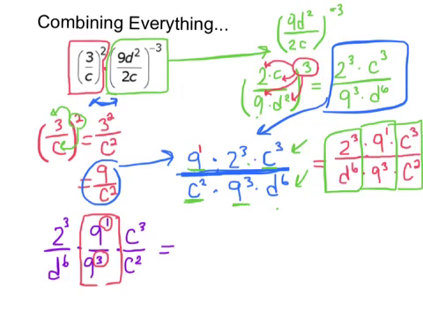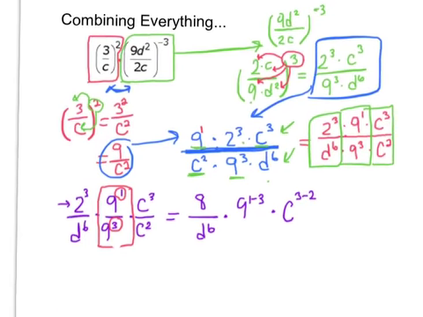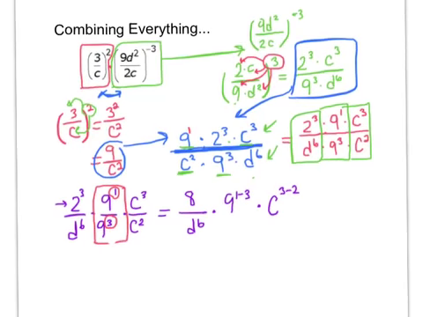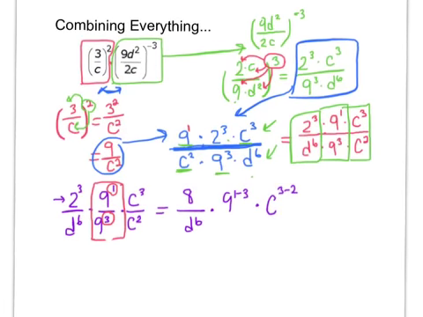So I'm going to take this and I'm going to say 8, because 2 to the third power is 8, over d to the sixth power times 9 to the 1 minus 3 times c to the 3 minus 2. What's happening here is that I'm taking each one of these pieces and using that rule.